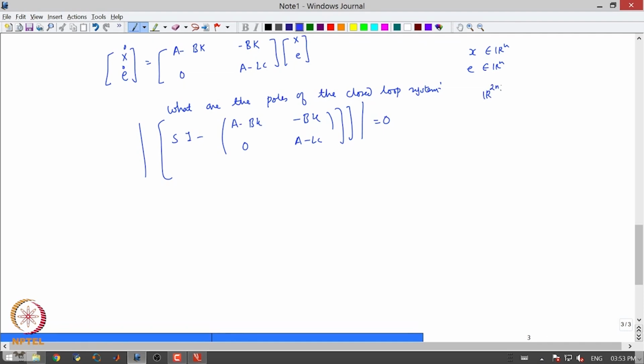If I just solve for this, it is easy to check that this identity will be I 2n, the identity of dimension 2 times n. So, I will have det of sI minus A plus Bk times det of sI minus A plus Lc equal to 0. The solution to this will give me my closed loop poles.